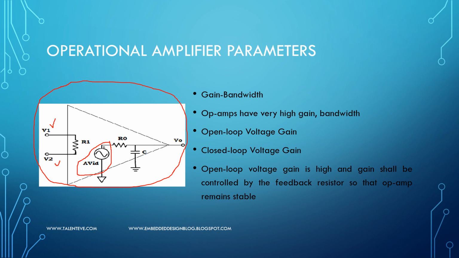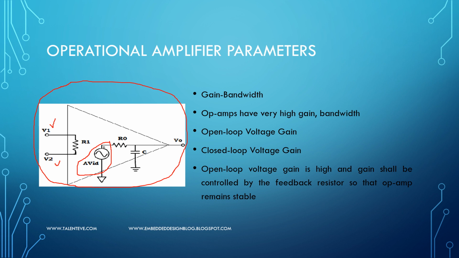Whereas closed loop voltage gain is the gain that can be achieved by an op amp which has a feedback. The feedback helps us to stabilize the operational amplifier and have a limited gain such that the operational amplifier doesn't go out of hand. That means it doesn't go into an unstable condition. We will talk about what the gain bandwidth product is in the next slide.